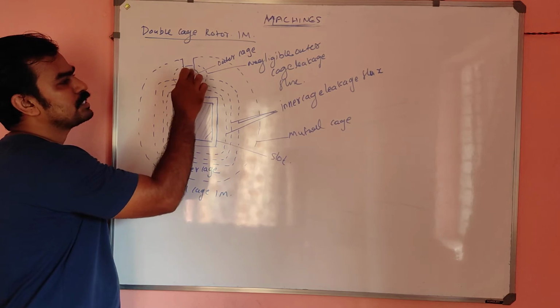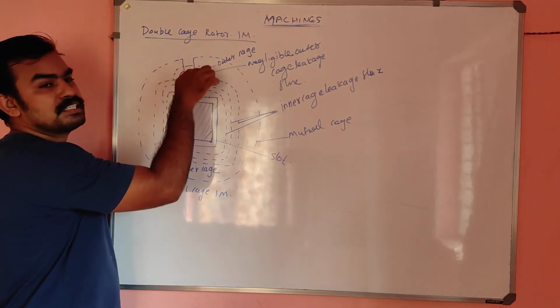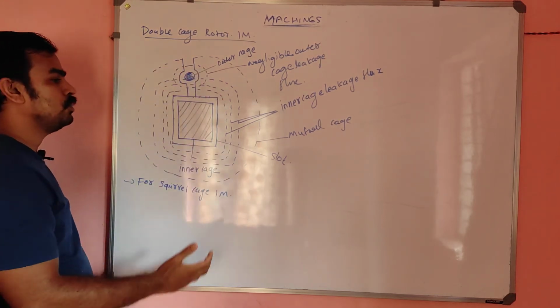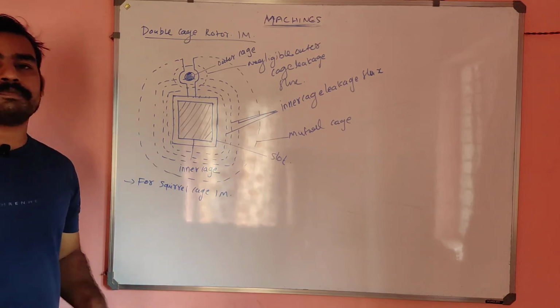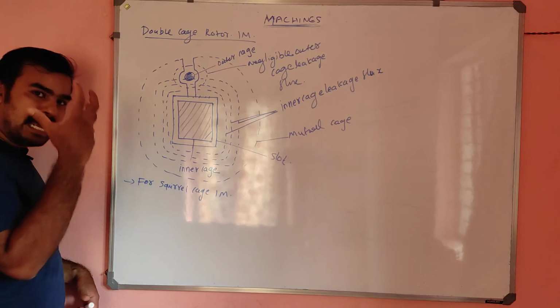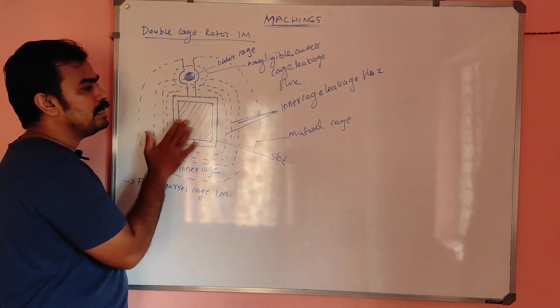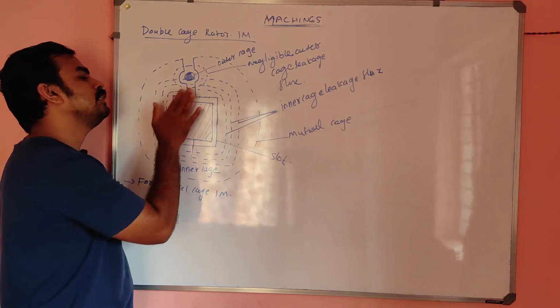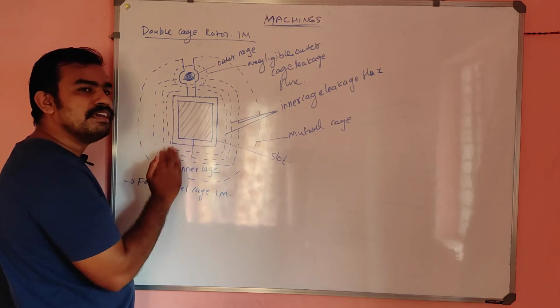The area of cross section of the conductor is very small, so the flux covered by it is also very small. So the bottom layer normally experiences very high flux linkage, so that at starting the inductance, or the impedance, offered by the bottom layer will be very high.